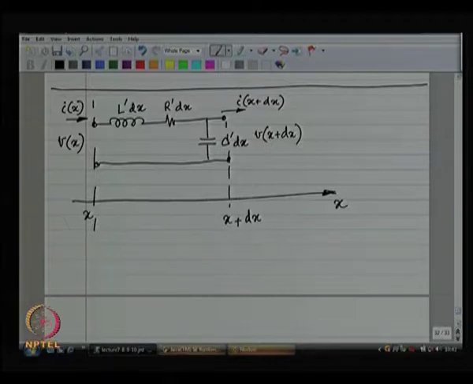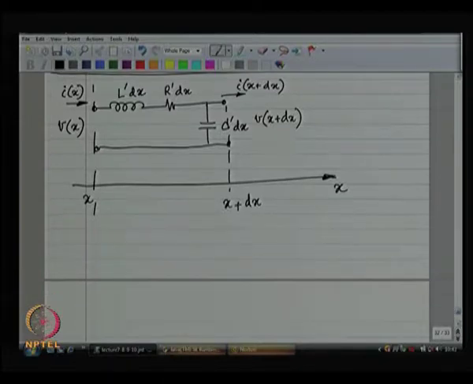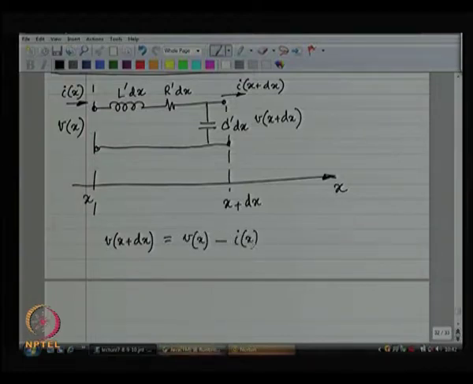So, the first thing that you see is V of x plus dx is equal to V of x minus I of x times L prime dx minus I of x times R prime dx. This is the first important thing to observe.